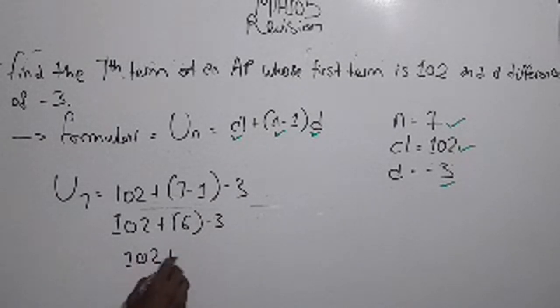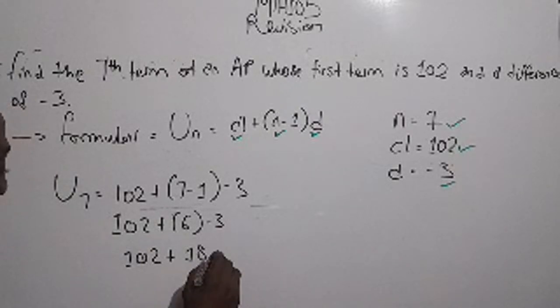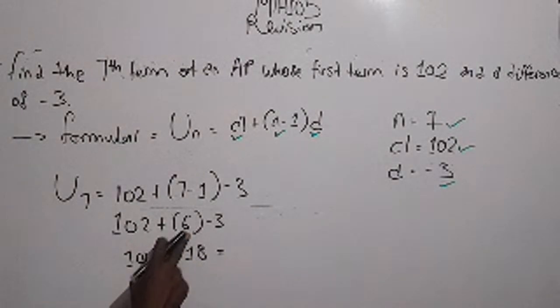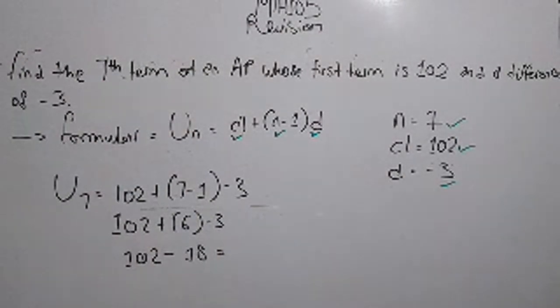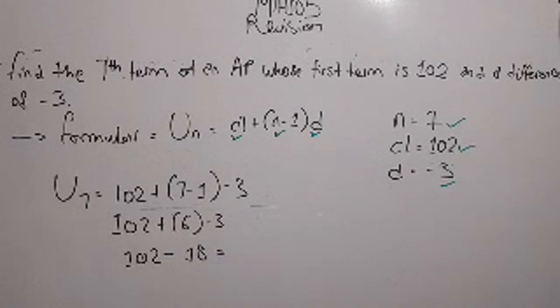So 6 multiplied by negative 3 gives negative 18, not positive 18, so the positive turns negative. From here, we should be having 84. So that is that on that.